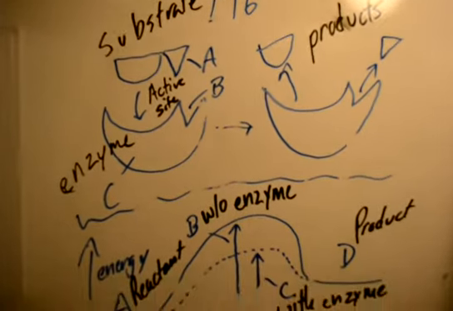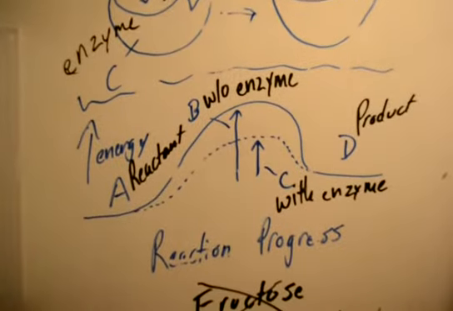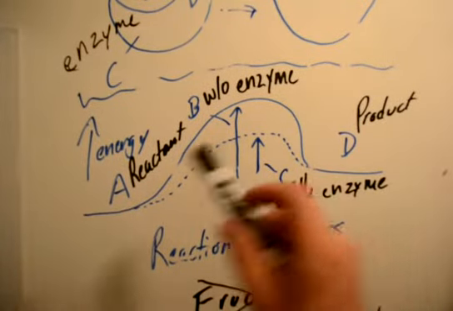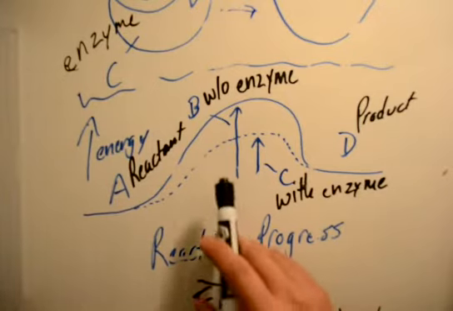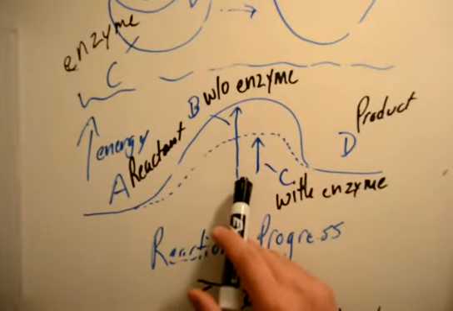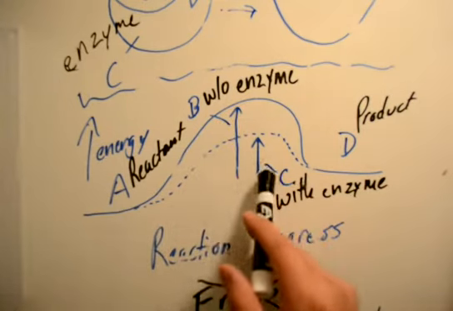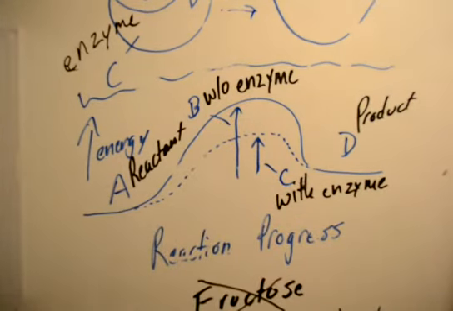And then in numbers 3 through 5, we were looking at this model where it requires more energy without an enzyme than it does with an enzyme. So in other words, enzymes lower the activation energy and therefore do not require as much energy in order to start a chemical reaction.